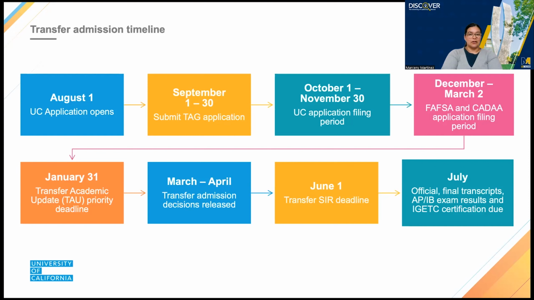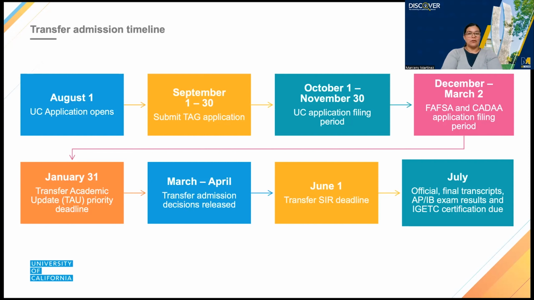Students may only SIR to one UC campus. The SIR deposit is $250, but eligible students can have their SIR deposit fee deferred until the fall. I would like to mention that anyone admitted at a later time, for example a student who was on a wait list, will have a different SIR deadline.